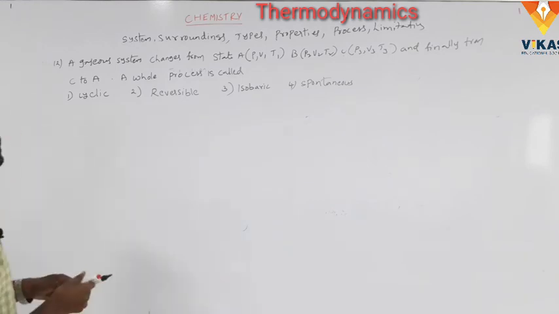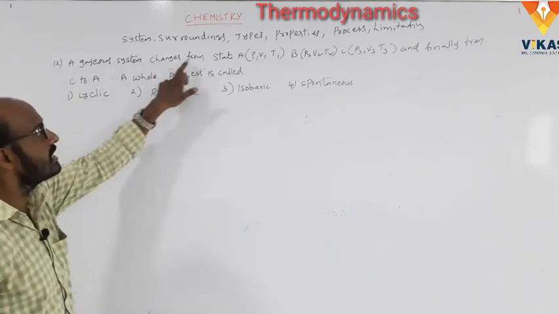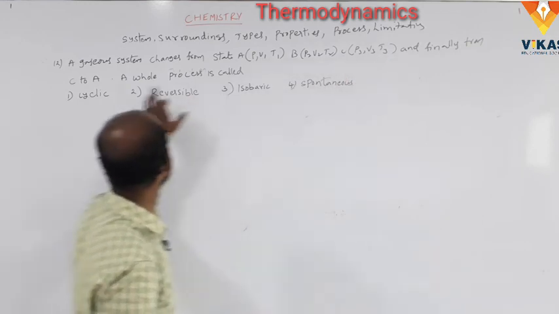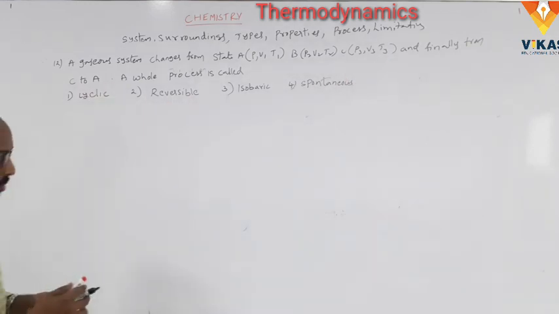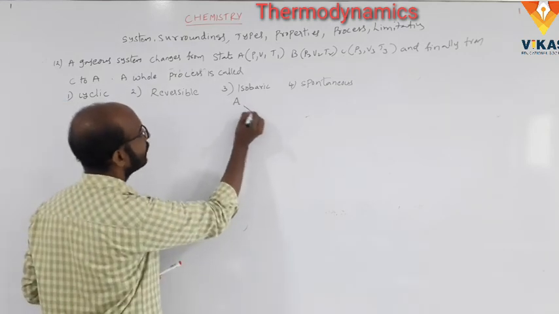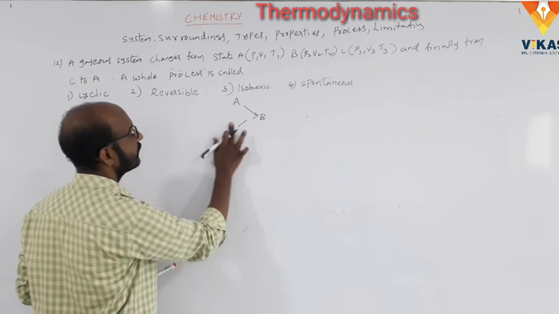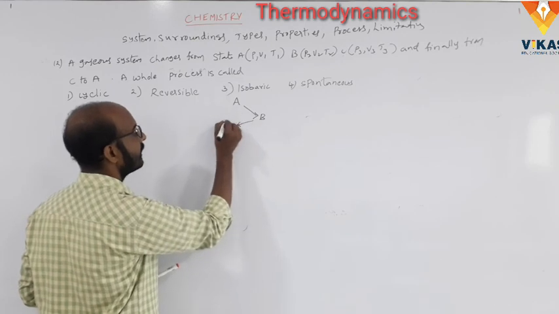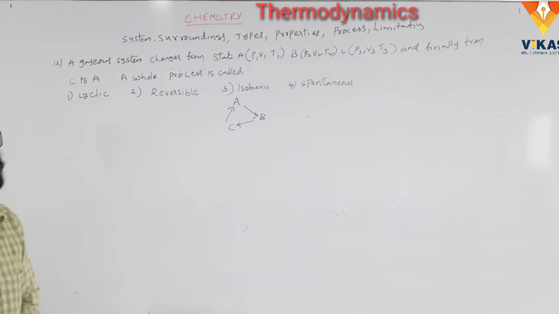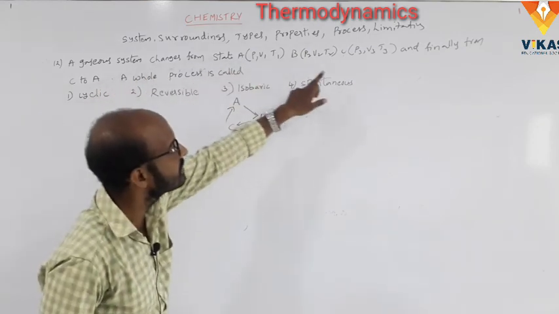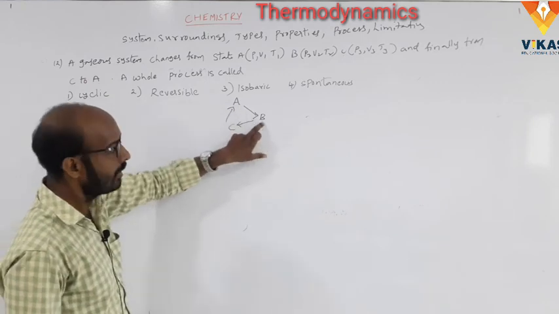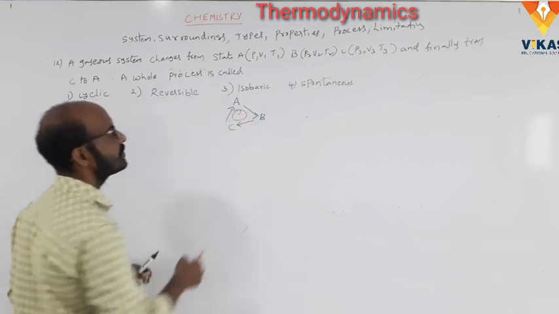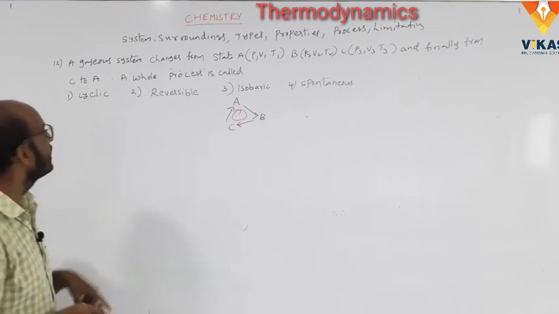The question says a gaseous system changes from state A to B, B to C, and C to A. This total process is called cyclic.